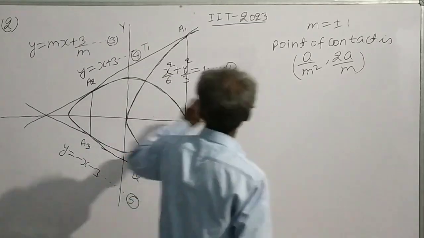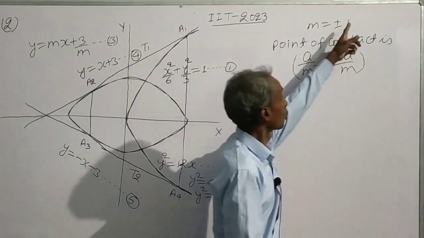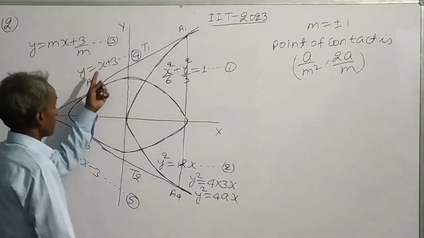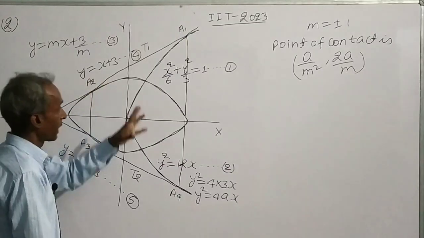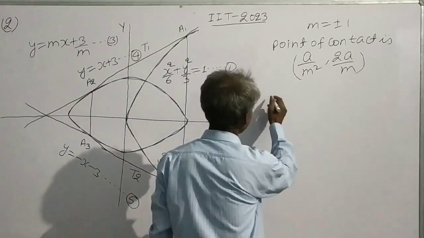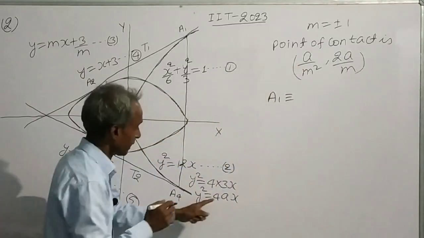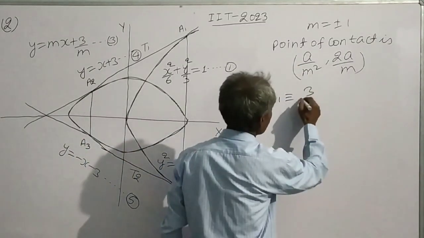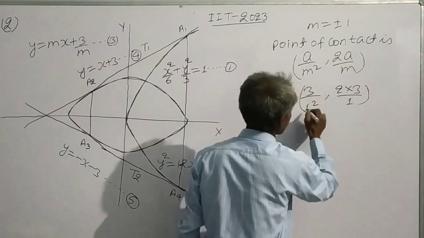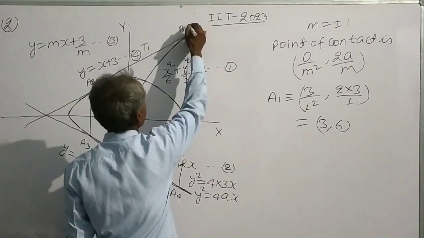Therefore, this tangent T1 with slope 1 will touch this parabola at point A1, whose coordinate is a by m square, 2a by m. That is 3 by 1 square, 2 times 3 by 1, which is equal to 3, 6. That means at the point 3, 6.